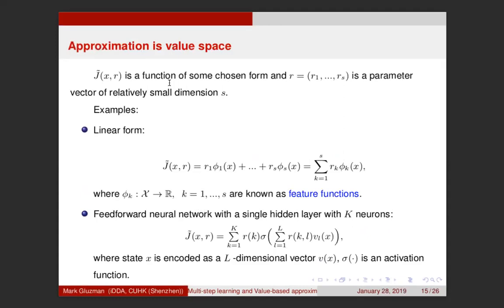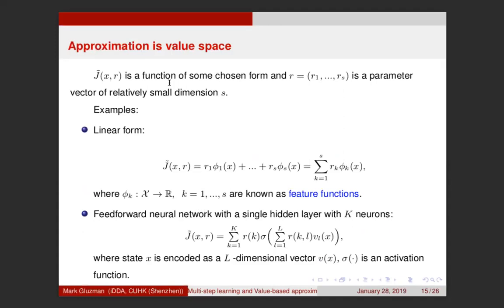Another possibility is, of course, to approximate our value function as a feed-forward neural network. For instance, here I gave an example of a feed-forward network with one layer. In this case, we have parameters r that depend on k, where k is the number of neurons in this single hidden layer, and r k l, where l is the dimensionality of the vector.